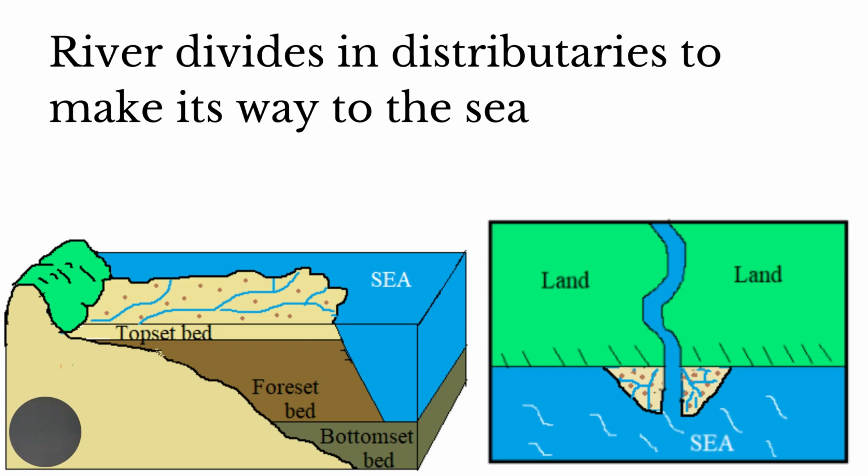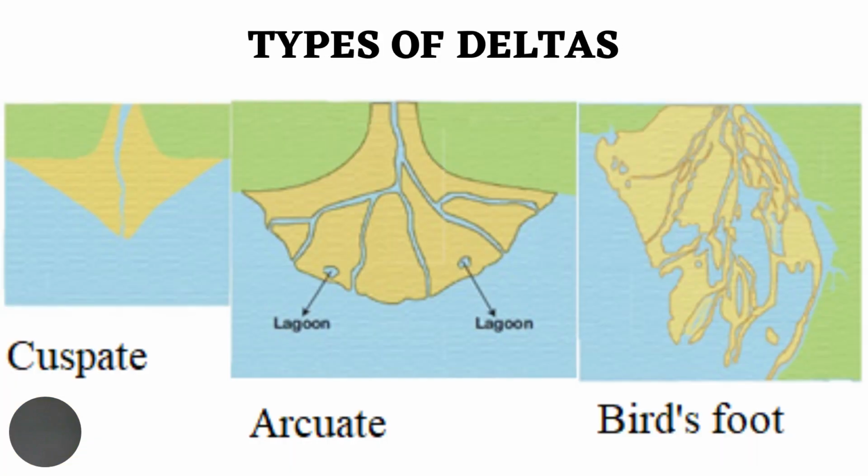And so we have different types of deltas that develop. Three common types of deltas that develop are cuspate delta, arcuate delta, and Bird's Foot Delta.